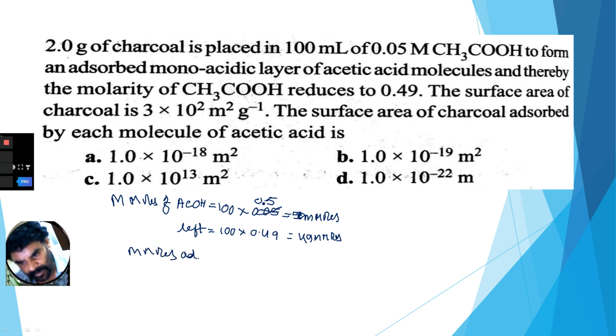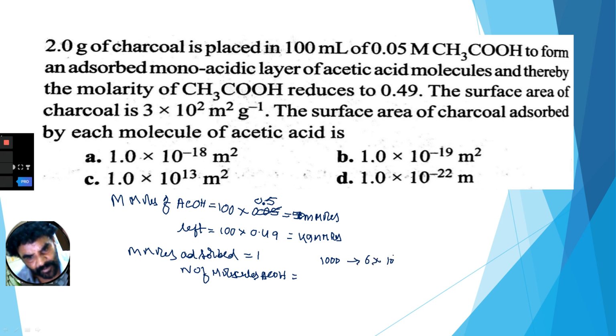Millimoles adsorbed is equal to 1. Number of molecules of acetic acid in 1 millimole. See, 1000 millimoles is 1 mole, which contains 6 into 10 to the power of 23 molecules. 1 millimole contains how much?